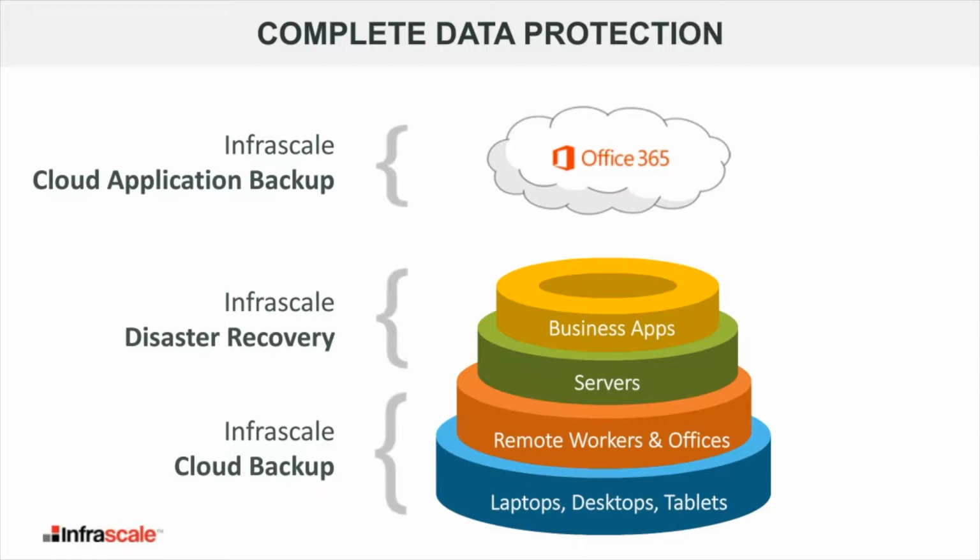So Infrascale Disaster Recovery is going to completely protect business applications and servers, while Infrascale Cloud Backup is going to come into play for those remote workers, branch offices, endpoints when it comes to laptops, desktops, and tablets. And for all those cloud workloads, Infrascale Cloud Application Backup is going to be able to protect those.